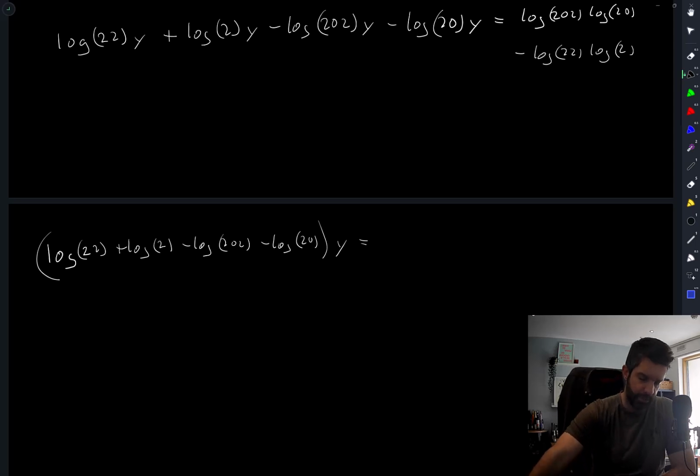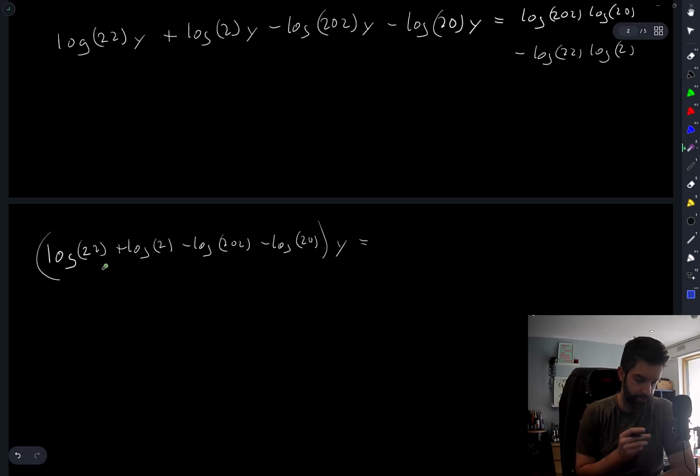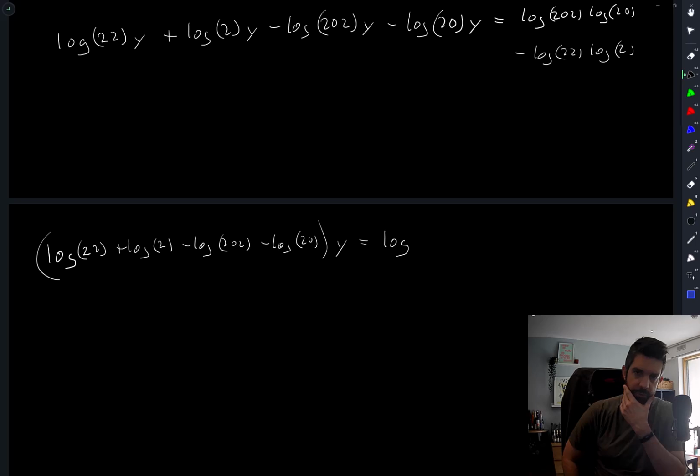Now I'm thinking about factoring these numbers. 22 is 2 times 11. 20 is 2 times 10. But we'll see if there's a clever way. Oh, and I'm not even trying to solve for x. I'm trying to solve for log base 20x of 22x. So maybe there was a more clever way of doing this.